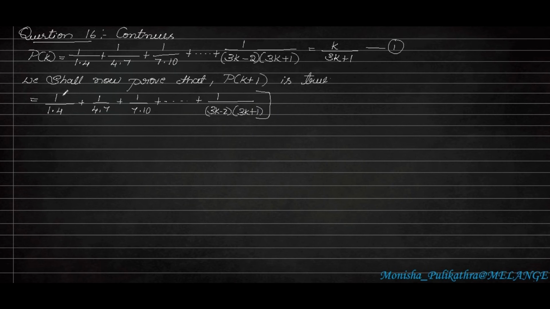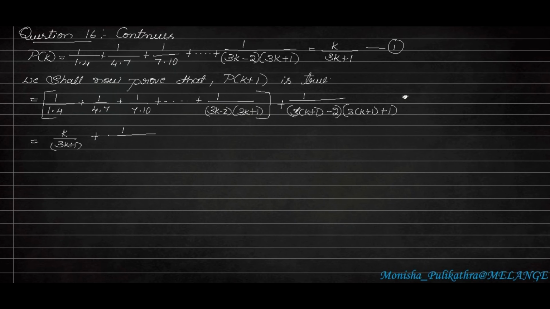So arrange this as a group, plus 1 by 3 into, in the place of k you have to include k plus 1, so minus 2 into 3k plus 1 plus 1. So here according to equation 1, this whole series will become k by 3k plus 1.